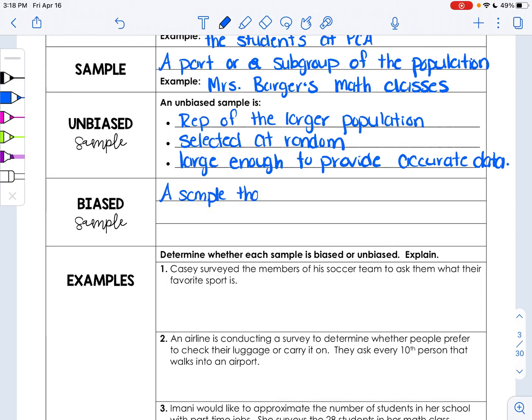Now, a biased sample is going to be a sample that is not representative of the larger population.